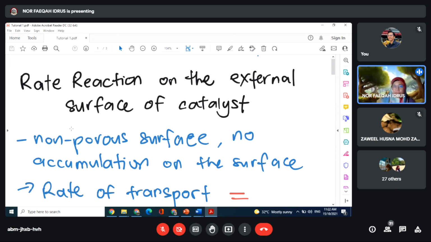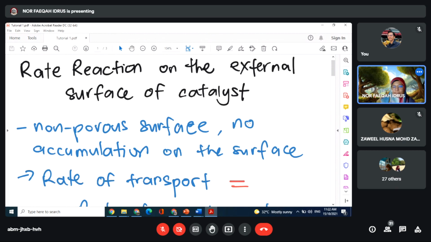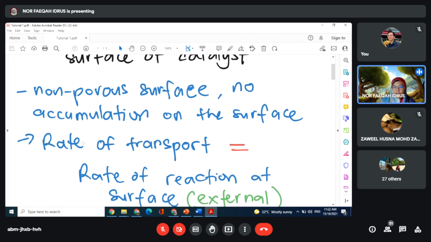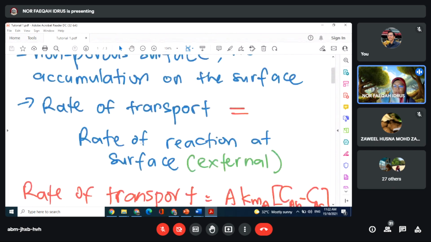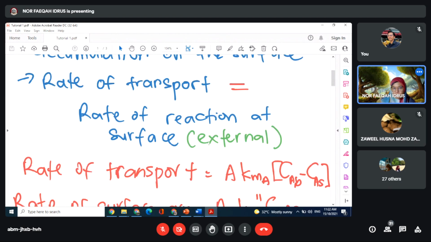Okay, how to solve the question? Rate of reaction on the external surface of the catalyst. Given it is a non-porous surface, no accumulation on the surface, the rate of transport equals the rate of reaction at the surface. So maksudnya the external surface lah.